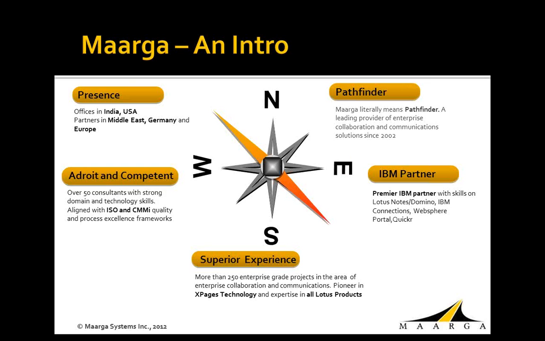We are a premium IBM partner with work being done on Lotus Notes, Domino, Connections, WebSphere Portal, and Quickr, pretty much all the IBM Lotus products. We have our primary office in the US, in New Jersey, and a development center in India, as well as partners in the Middle East, Germany, and Europe.